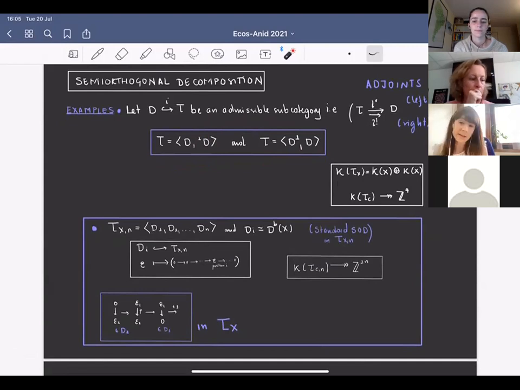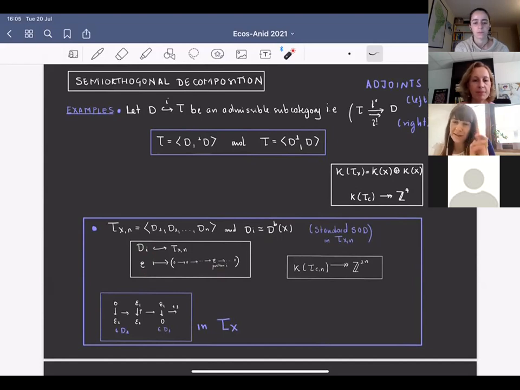This triangulated category has many more semi-orthogonal decompositions, and when describing the triangulated category and constructing stability conditions, they play a role. But for today, we're only going to use the standard one, which is given by D_1 to D_n, all equivalent to D^b(X), and we put D_i inside T_X^n with E in position i, and everything else is 0.